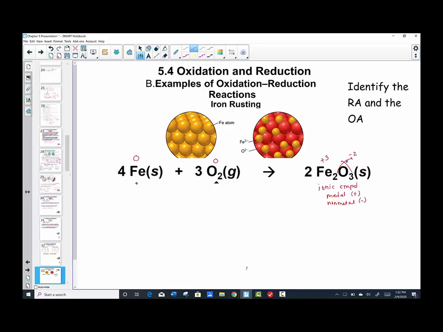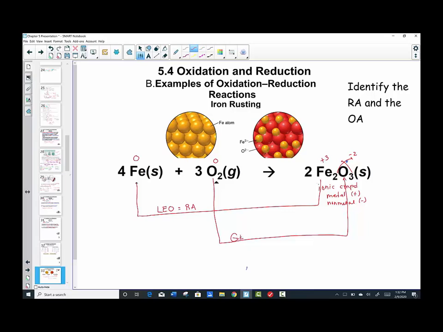So you can see that iron went from a 0 to a +3. If 0 to a +3 is oxidized, it's becoming more positive. The iron is now known as the reducing agent. The oxygen went from a 0 to a -2.